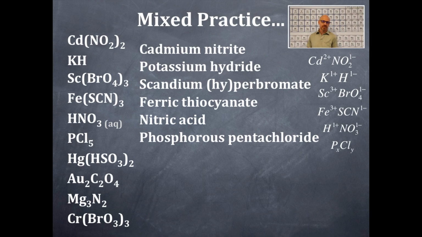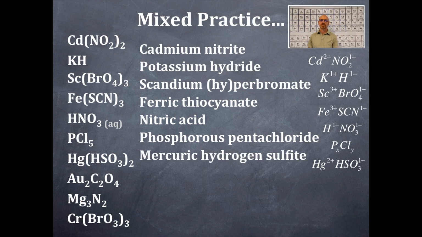We just got to figure out which mercury it is, and that's a mercury 1 or a mercury 2. And right outside that Hg is no number. So that must be that it is a mercury 2+. And then it's that HSO3, 1 minus. Okay, that's a hydrogen sulfite. So it's mercuric hydrogen sulfite.